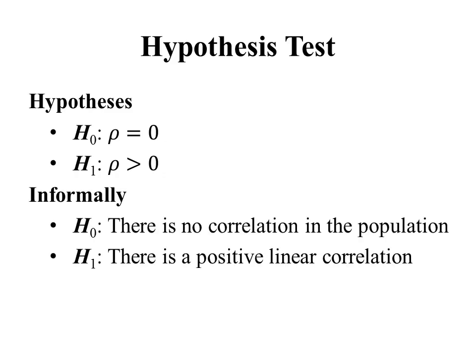Now, informally, if rho equals 0, that means things are independent, which means that there's no correlation in the population. If rho is greater than 0, that means that there is a positive linear correlation in the population. So we're testing the idea of no correlation versus there is a positive linear correlation.